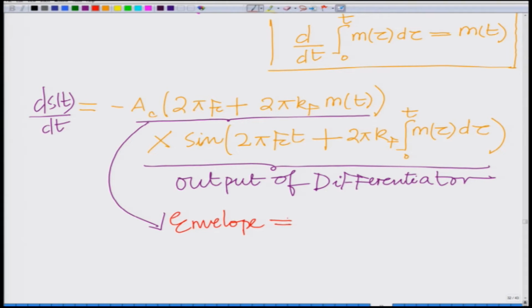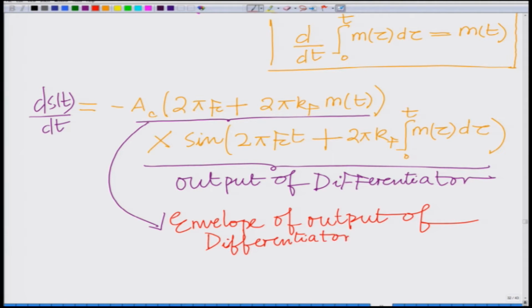The envelope of the output of the differentiator equals AC times 2 pi f c plus 2 pi k f m t. So, what you can see is that the envelope of the output of this differentiator is proportional to m t.